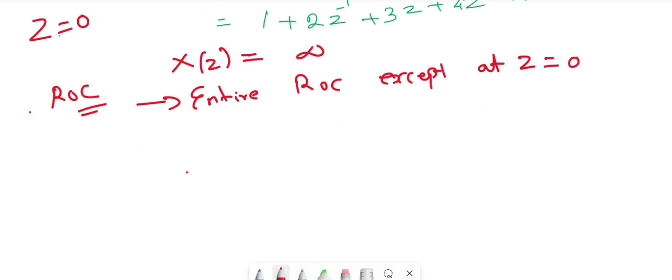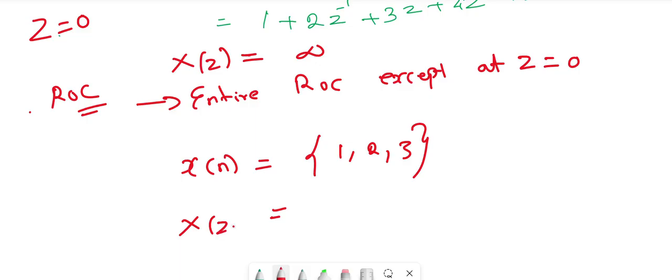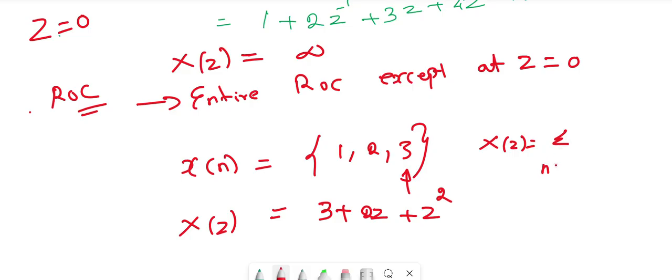For example, if the sequence is a left sided sequence 1, 2, 3, how do you write X(z)? The formula is the summation from minus infinity to plus infinity of x[n] z^(-n). Here the positions are minus 2, minus 1, and 0, so n goes from minus 2 to 0.